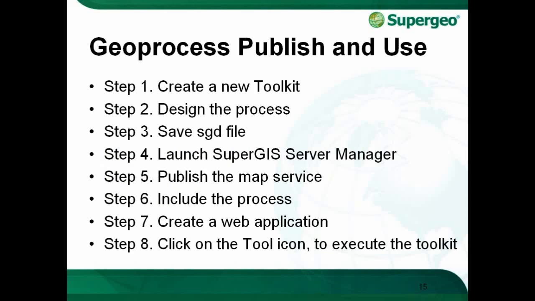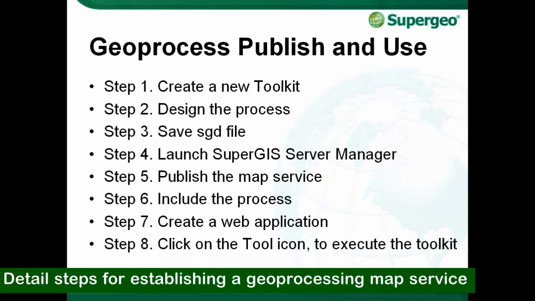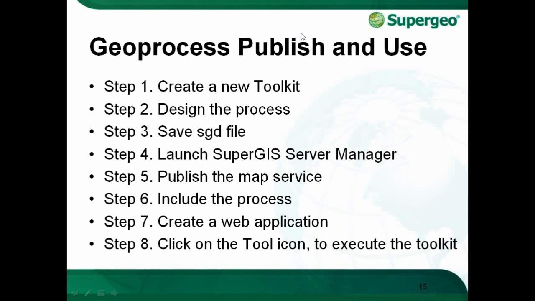Okay, now let us review the steps. The very beginning, we must create a new toolkit in our SuperGIS Desktop, and then design the workflow to set the process parameter.